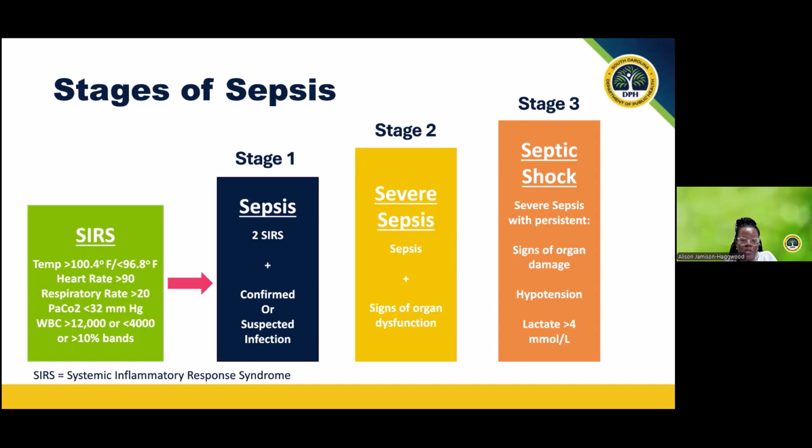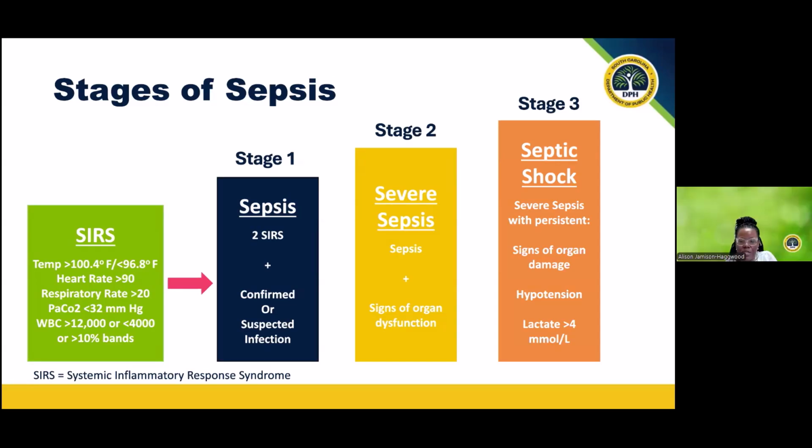So stage 1 is sepsis. You have to have 2 of the symptoms of SIRS plus a confirmed or suspected infection. This means that the person probably has sepsis. And stage 2 is severe sepsis. So it's sepsis plus signs of organ dysfunction. Some of those major organs will start not functioning properly.